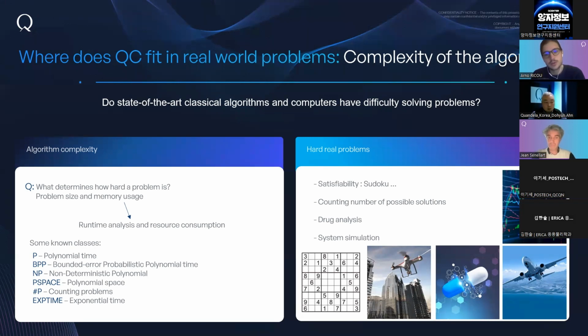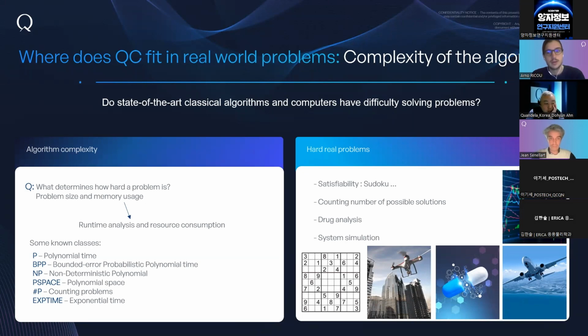Finding only one shortest path for a drone in the city is a P problem, that's polynomial time. But if you want to tackle multi-agent path finding, so you have many drones that need to find the shortest way in the city, for instance, with fixed starting point and destination, that's an NP hard problem as well.